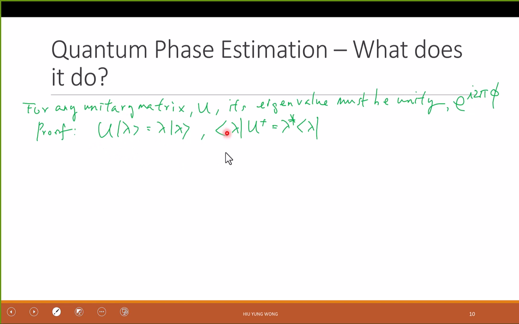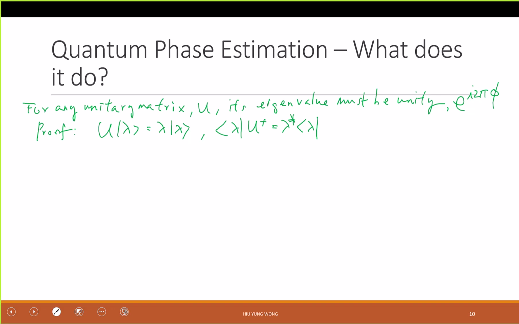It must be the bra of lambda times the adjoint of U, right? The column vector becomes a row, so the matrix needs to go to the right. Same for any scalar: U becomes the adjoint, the scalar becomes its complex conjugate, the vector becomes the bra, right? I hope this is easy for you. Any questions?